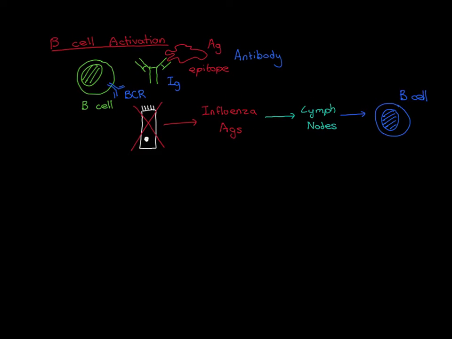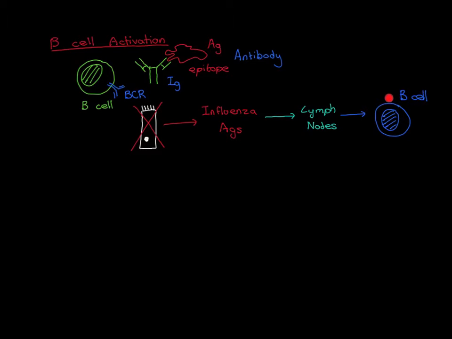Each antigen molecule has a huge number of epitopes. Most of those epitopes will not actually successfully find a B cell with an immunoglobulin design that's directed against it, but some of them will, and therefore concurrently we're going to be activating loads of B cells in these lymph nodes that are directed against different epitopes of the influenza antigens.